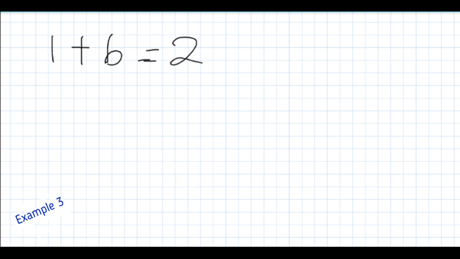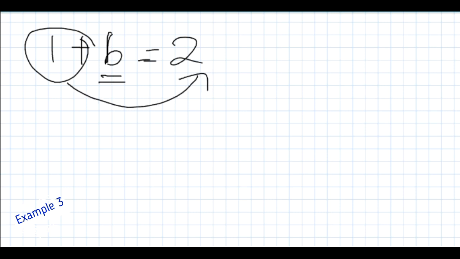Usually when we have an equation, we're trying to isolate the variable. In this example, the variable is b. If you try to isolate b, you will try to get this 1 over to the other side, or cancel it from this side, in which case it also ends up on the other side in some way.